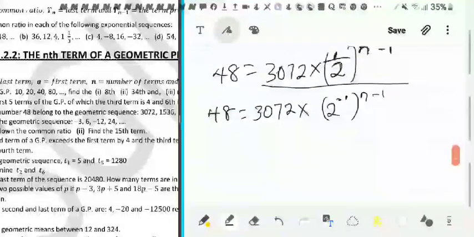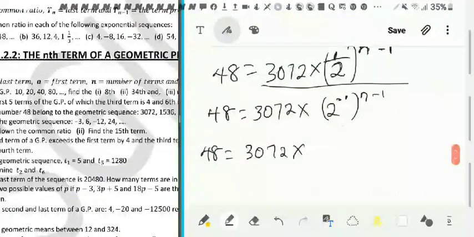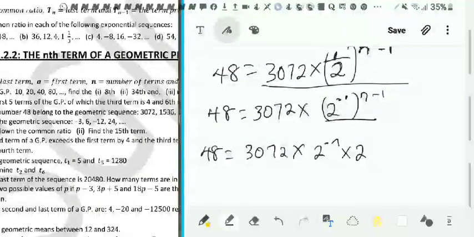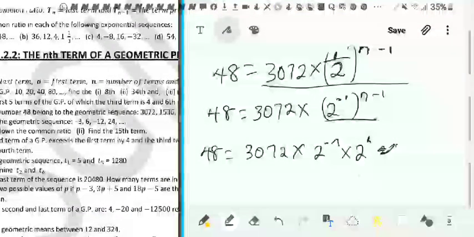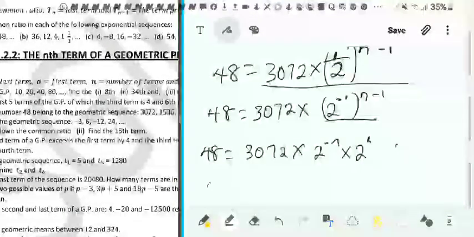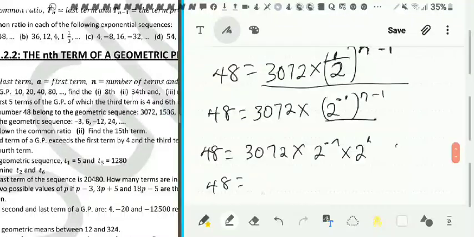Expanding this, you have 2 raised to the power of negative n times 2 raised to the power of positive 1.